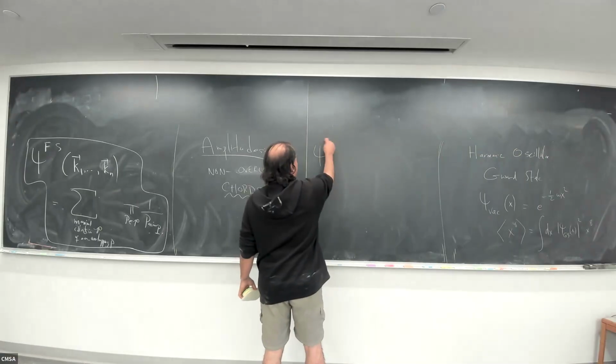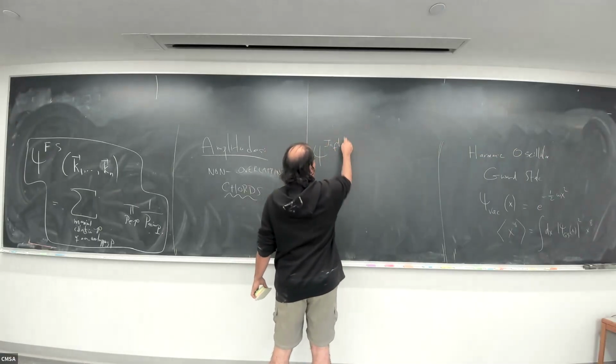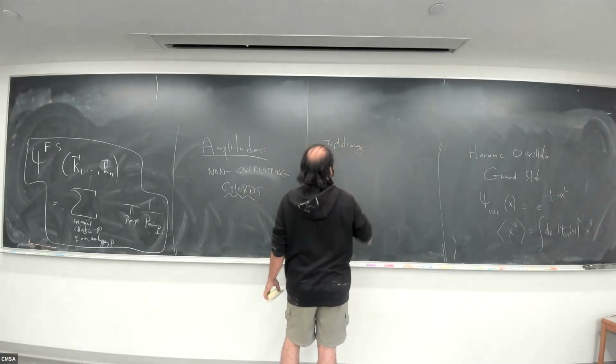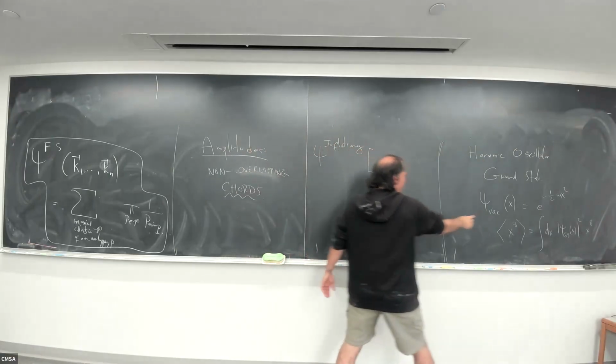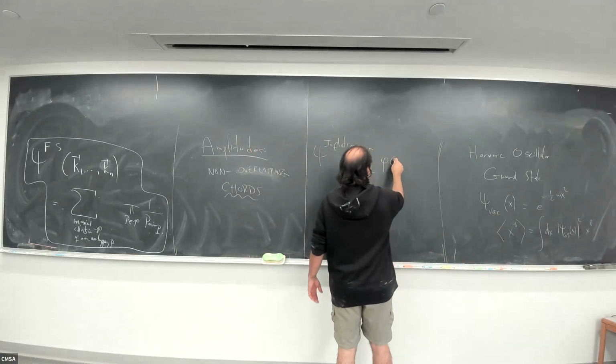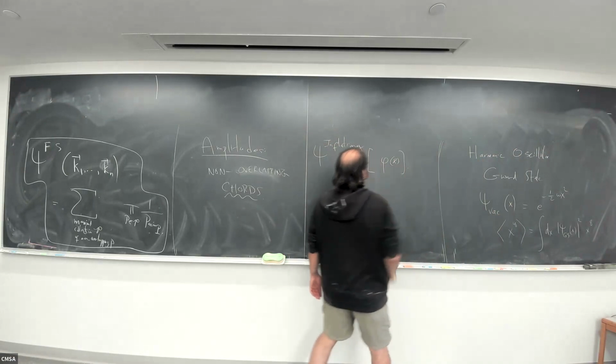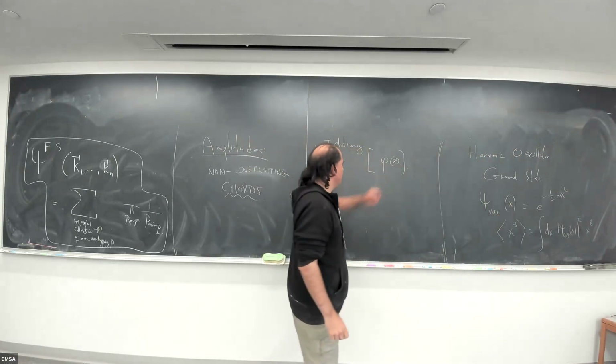cosmology would be the inflationary wave functional. So it's not just a wave function of a single x. There's a whole field phi that depends on points x, so it's a whole functional.